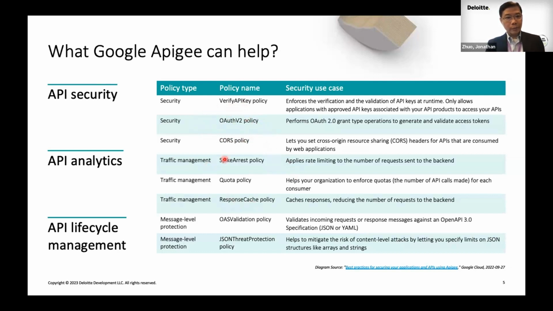And the traffic management policy helps to configure caching, control quotas, mitigate the effects of spikes, and control API traffic. And also, message level protection policy lets you inspect and validate request payloads to help protect your backend from malicious attackers.